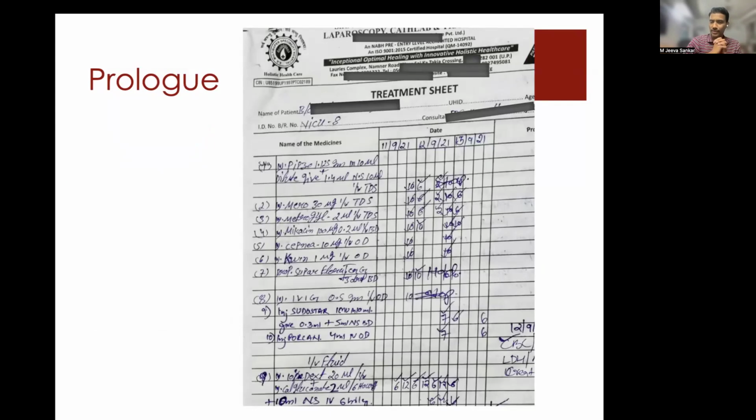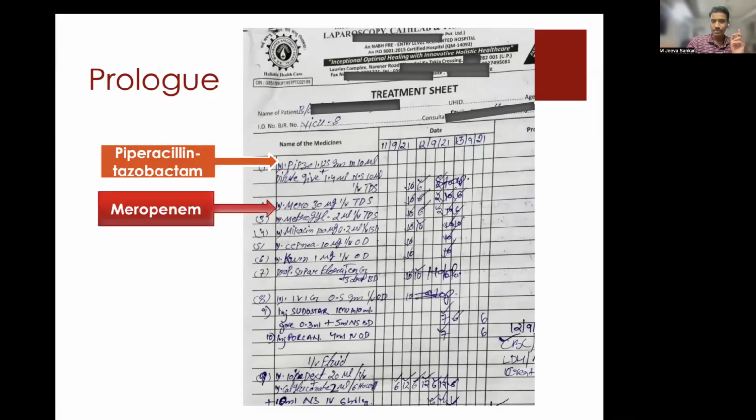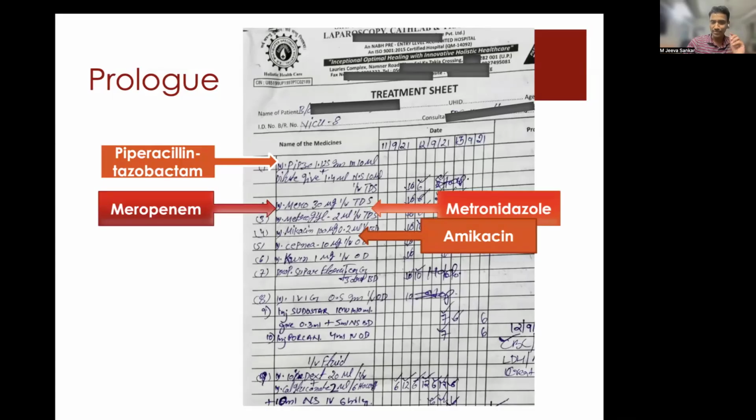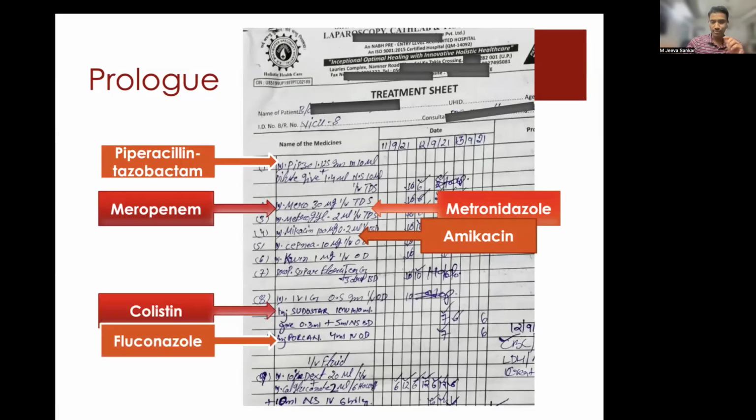We'll just look at the treatment chart of a baby who is being treated in the NICU for possible sepsis. This baby is receiving Iptas, meropenem, metronidazole, amikacin, colistin, fluconazole, and on top of that, the baby is also receiving IVIG, which has no role in the treatment of sepsis.